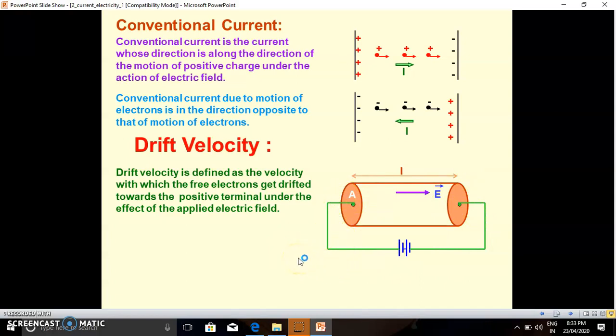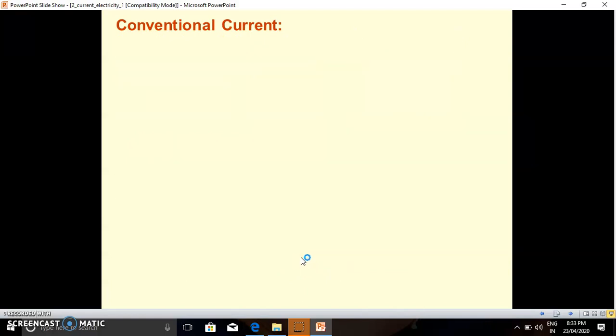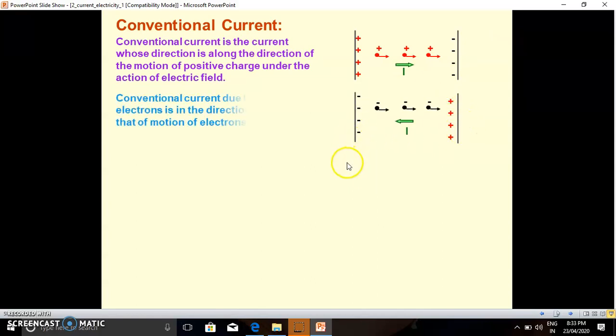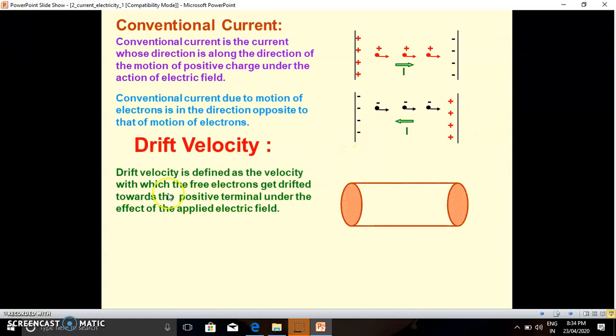So my dear student, in today's lecture we have seen conventional current. Conventional current is nothing but the flow of positively charged particles, that is, from positive to negative. That's why conventional current always flows from the positive terminal to the negative terminal, and the flow of electrons is always from the negative terminal to the positive terminal. Then we have seen the drift velocity. Drift velocity is nothing but the constant velocity with which the free electrons drift towards the positive terminal under the effect of the applied electric field.